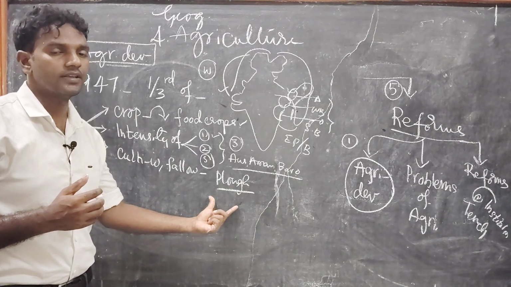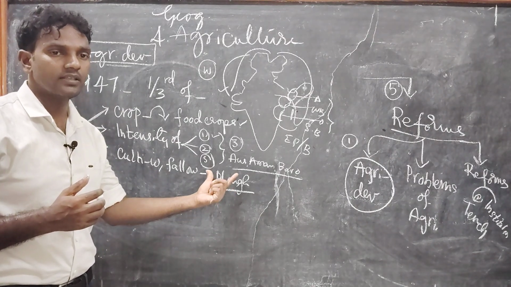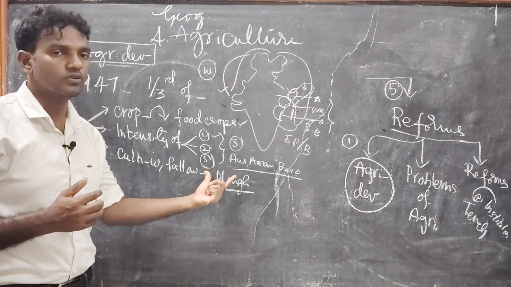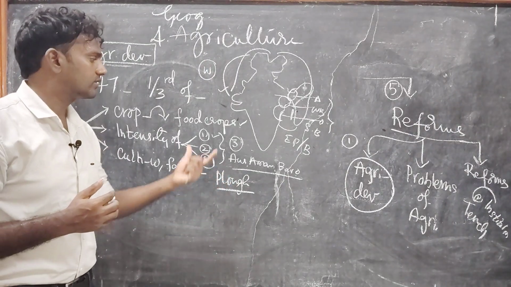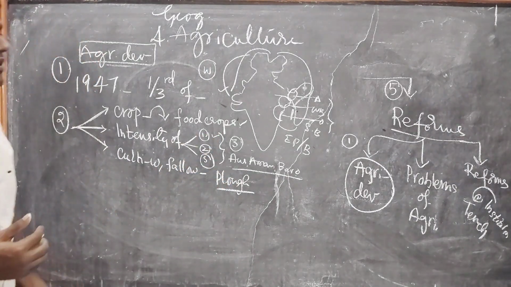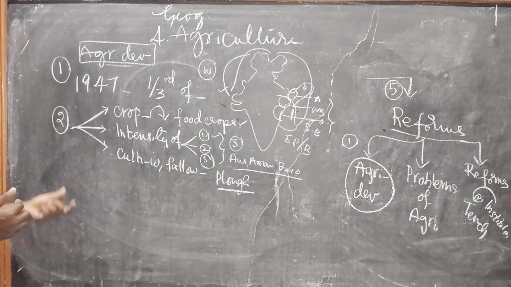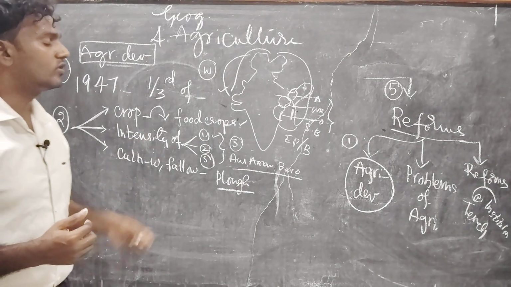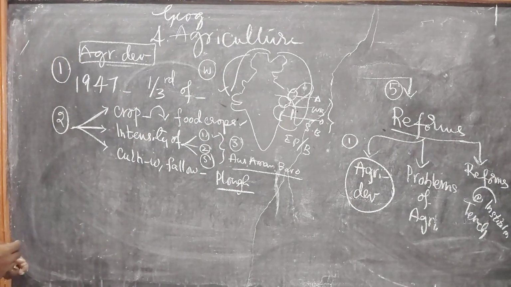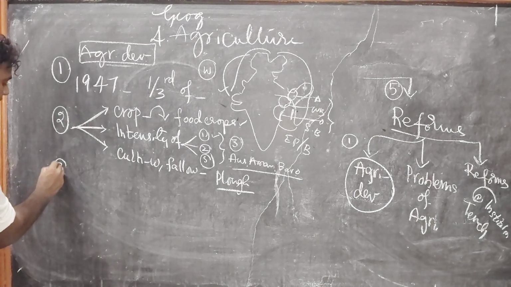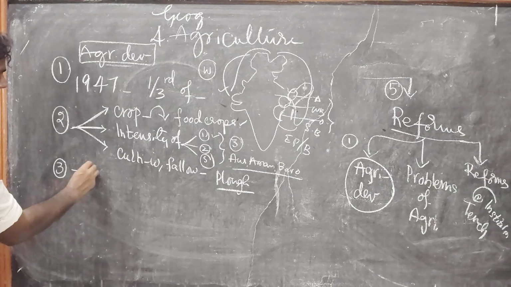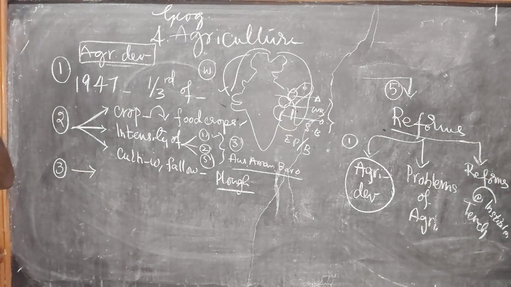Net sown area also we increased, and also intensified crop production, and we converted commercial crop cultivation lands into food crop cultivating lands. Is it clear? Okay.